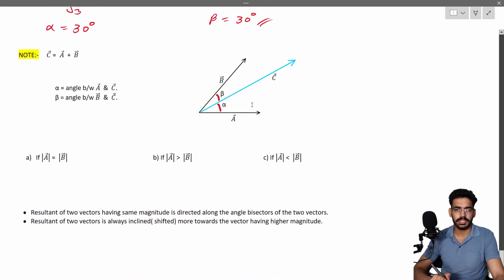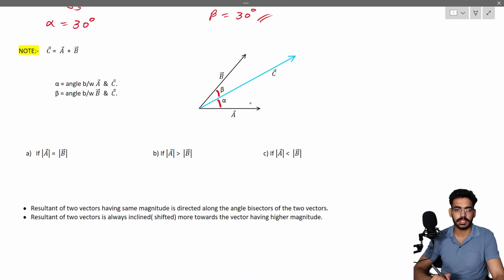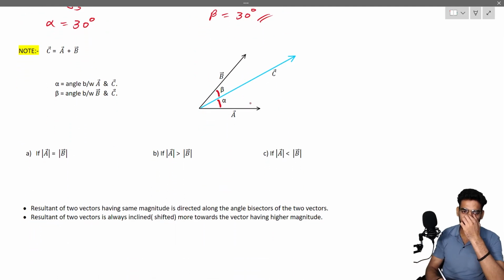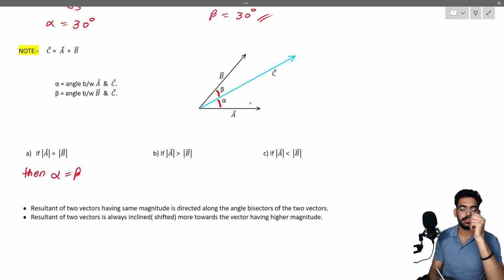That only is this note explaining: if your a magnitude and b magnitude are equal, then the resultant will be the angle bisector, means it will go in equal. Okay, so then alpha and beta are equal.